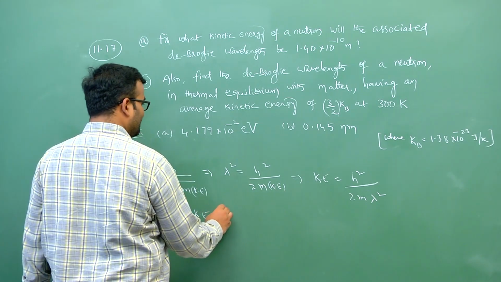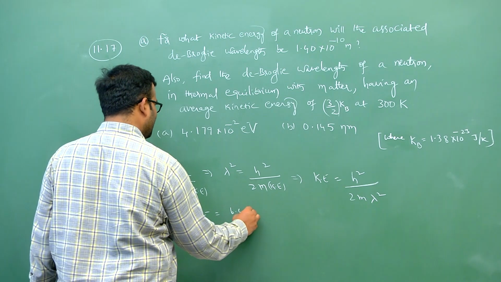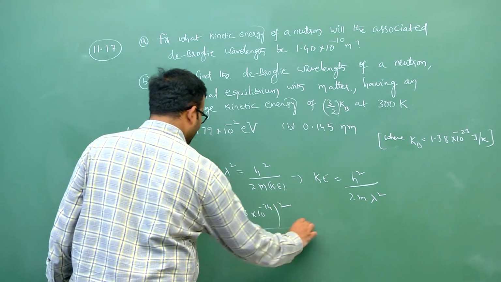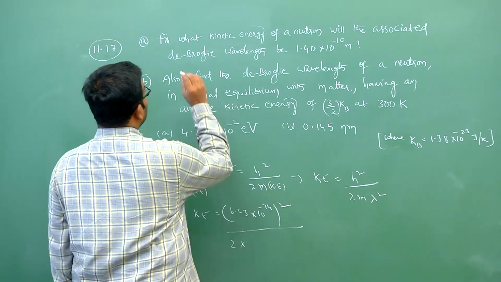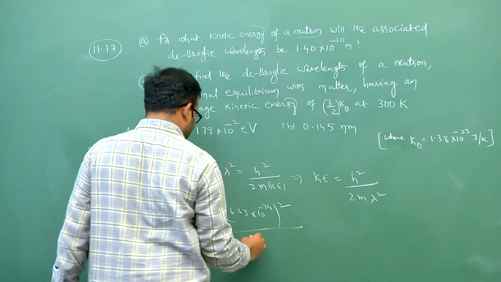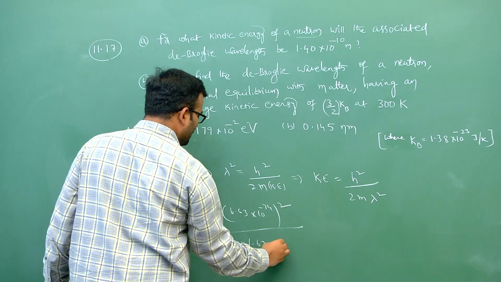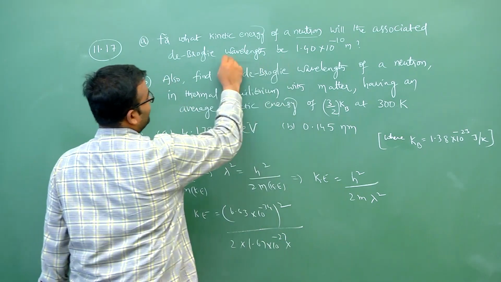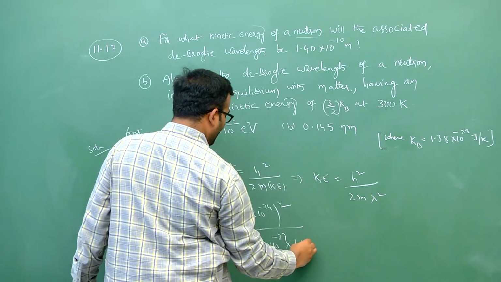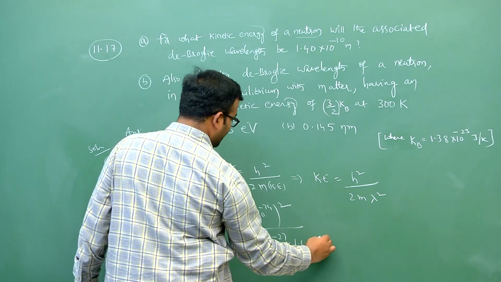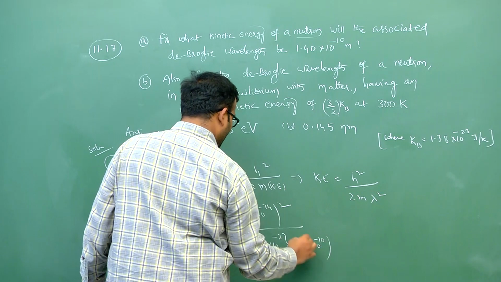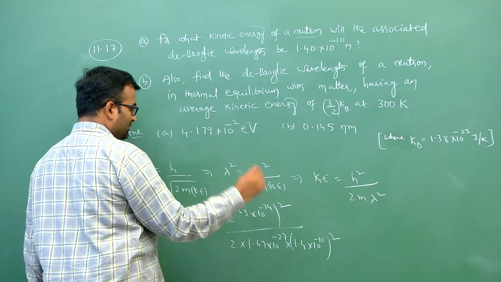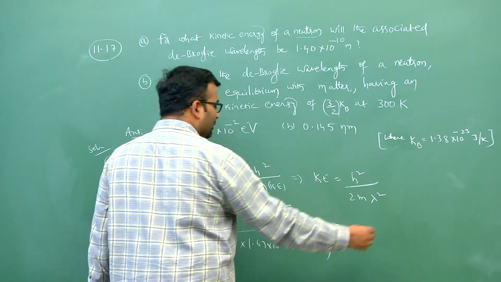Kinetic energy equals 6.63 into 10 to the power of minus 34 joule second whole square by 2. It's about a neutron, right? Neutron mass is 1.67 into 10 to the power of minus 27 kg, and lambda is given as the de Broglie wavelength, 1.4 into 10 to the power of minus 10. So as it is square, we do proper calculations of this ratio, and you will be getting the answer in joules.